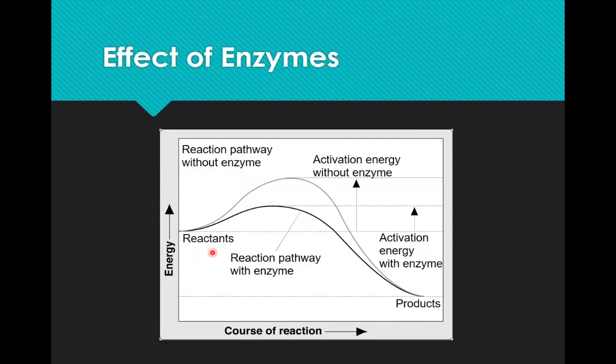So if the reactants have a higher starting energy and a lower ending energy, this is an exergonic reaction, or a reaction that gives off energy. But you'll notice that here's the peak. We got to go up from here to here. You'll notice the arrow here. From here to here, that's the activation energy that that particular chemical reaction requires to start.